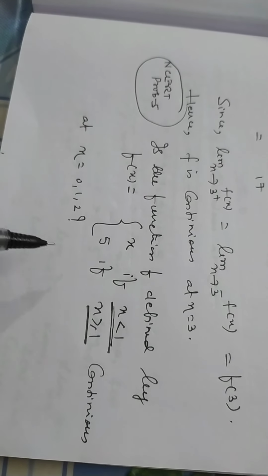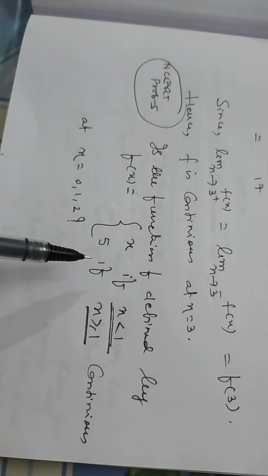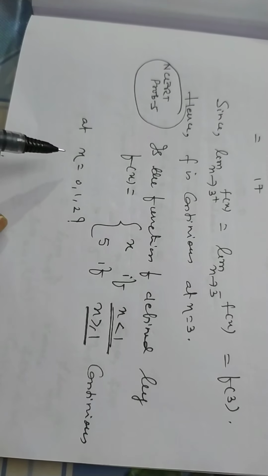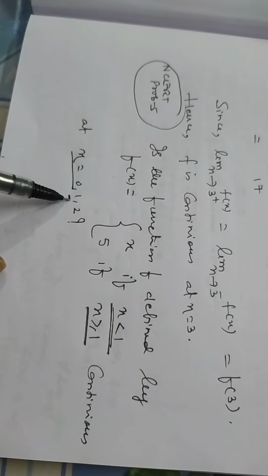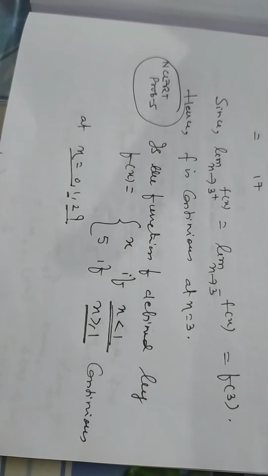In this way, you can check and verify the continuity of the function at x = 0, x = 1, x = 2. My dear students, in this problem there are 3 problems. This is a combination of 3 problems.